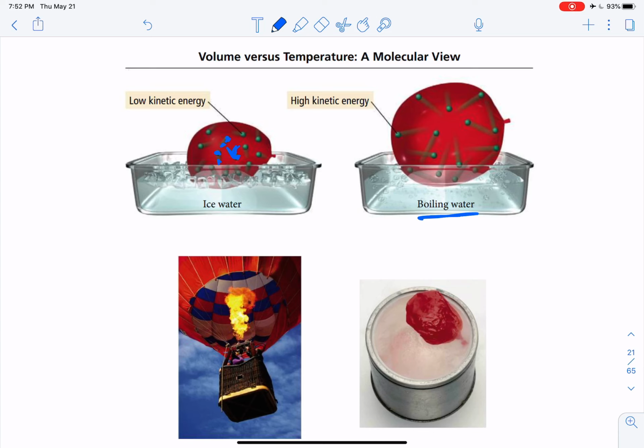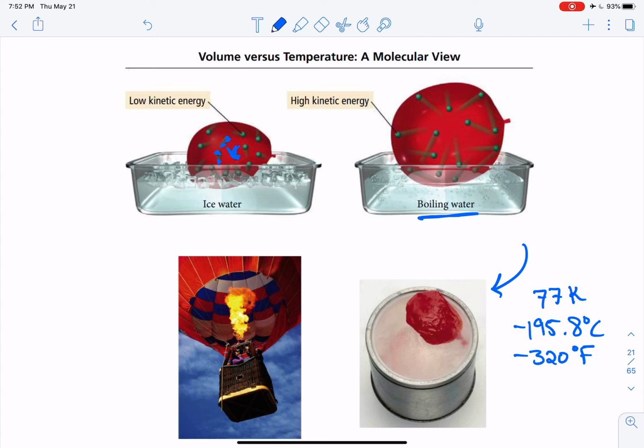And just to reiterate this, we can see down below if we put a balloon in liquid nitrogen, which is 77 Kelvin, excuse me, and that translates into negative 195.8 degrees Celsius, or negative 320 degrees Fahrenheit, we can see that that balloon will contract a whole lot because those gas molecules inside the balloon are like, whoa, it's super cold, we have to snuggle.